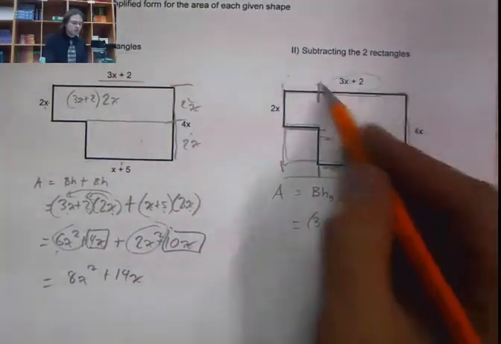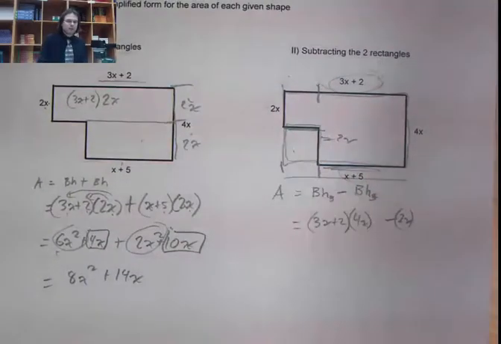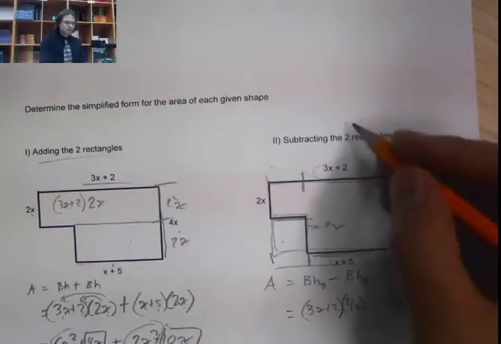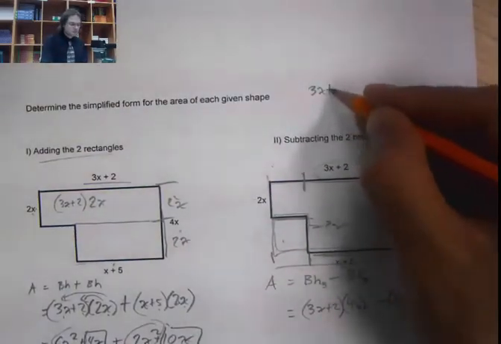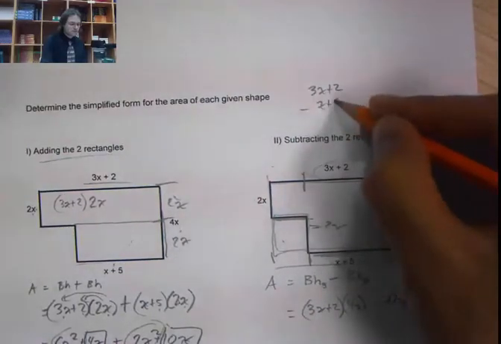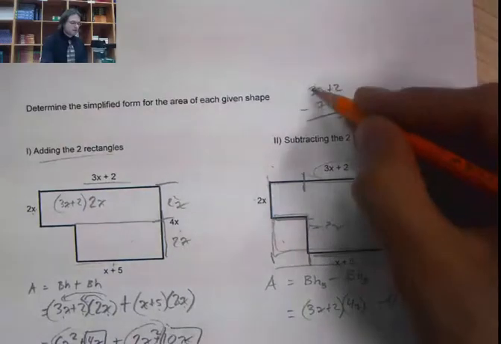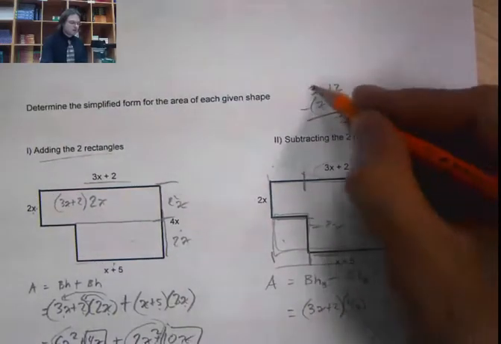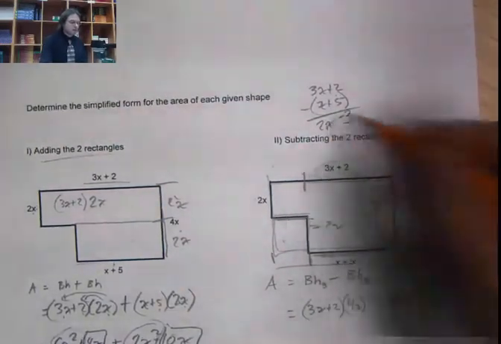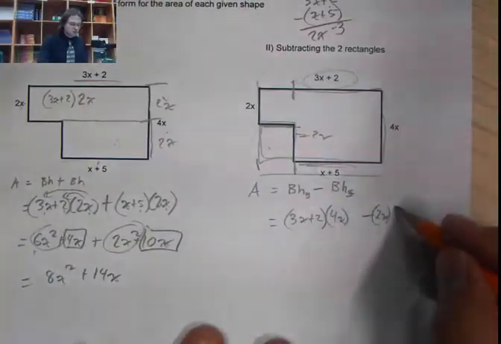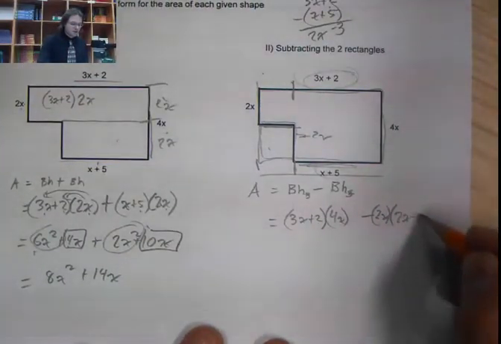I'm going to go 3x plus 2 minus x plus 5 will give me that. So let's write that up over here. I'm going to end up getting negative 3, and then that's all in brackets, and then here I'm going to end up getting 2x minus 3. So multiply that by 2x minus 3.